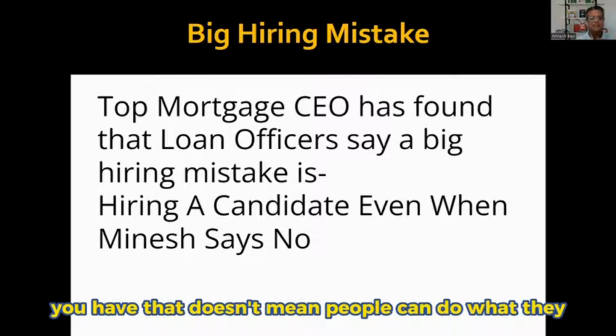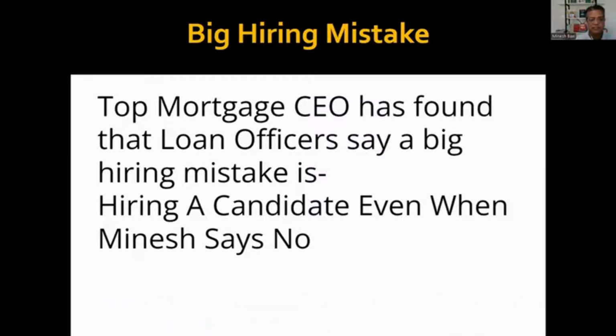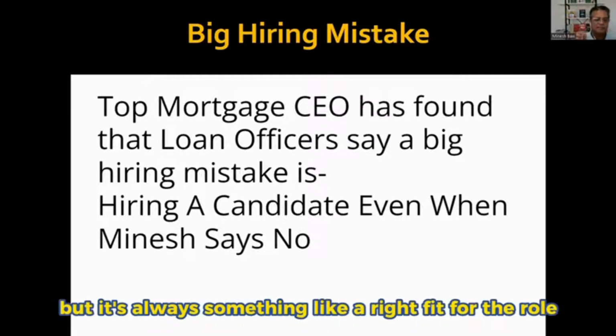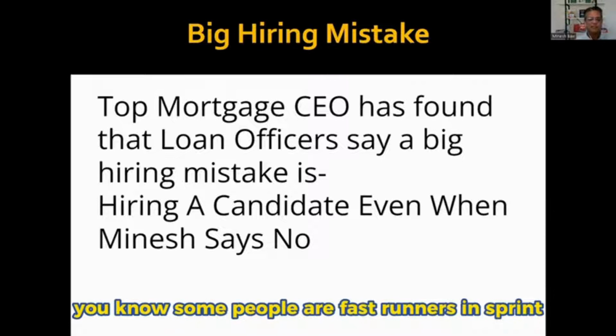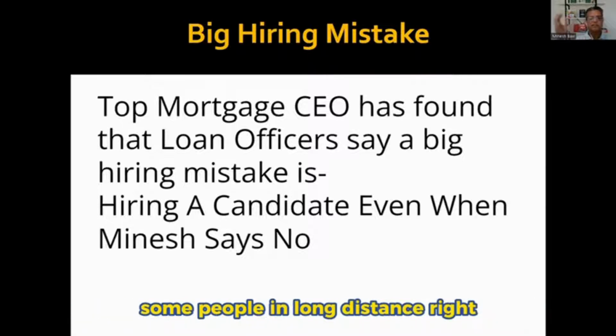That doesn't mean people can't do many different things, but there's always a right fit for the role, so pay attention to that. Some people are fast runners in sprint, some in long distance, and some people don't run at all, right?